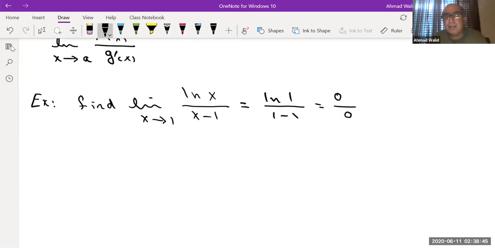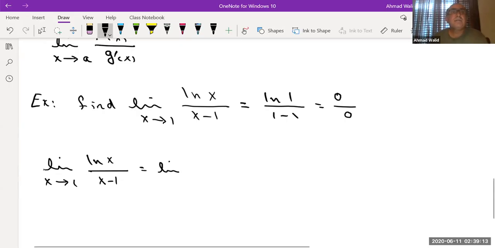Now, apply L'Hopital's rule. In the first two examples I will even write the notation for you, but later when you do a little bit of practice, you don't need to write the first step, correct? Then I can say the limit of ln x over x minus 1 as x approaches 1, actually this one equals the limit of, let me do something else here for you.